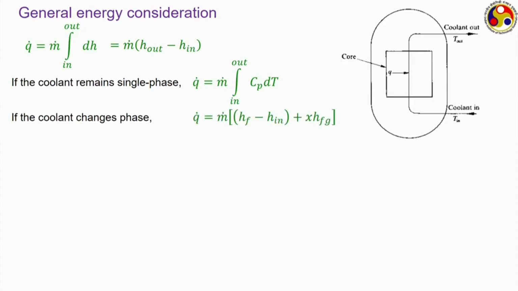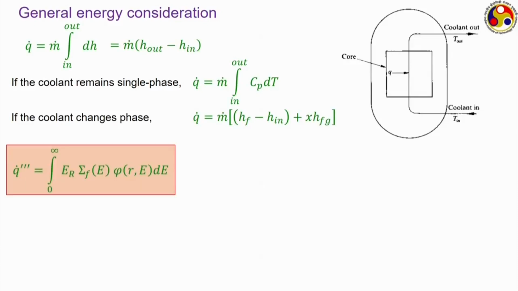Then this energy balance can have two components, where the first one is the single phase energy right from the inlet temperature to the saturation temperature, here HF is the saturated liquid enthalpy, and this is the latent heat transferred, where this X is the quality or the mass fraction of the supplied coolant which has been converted to the vapor phase.